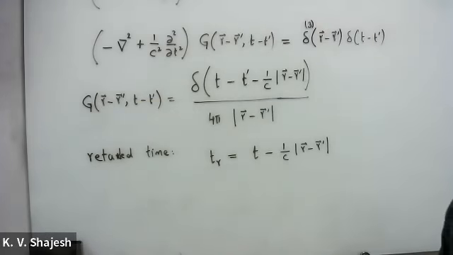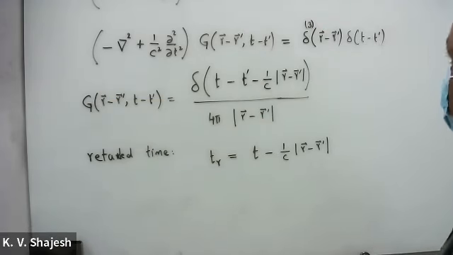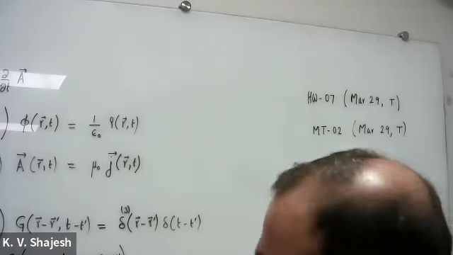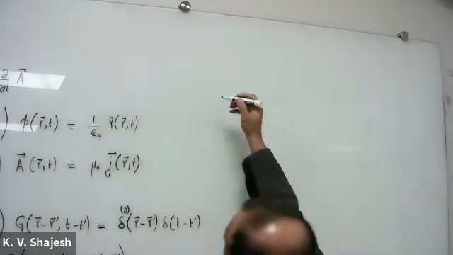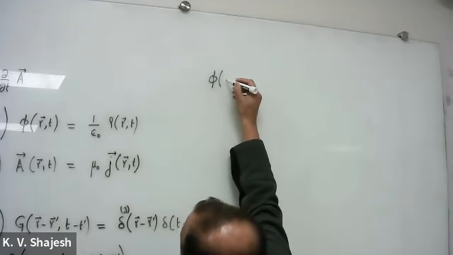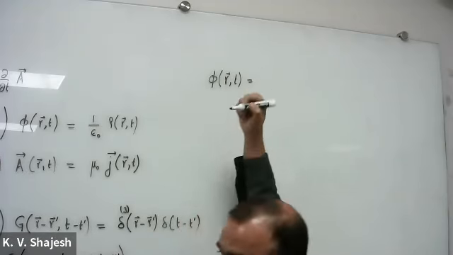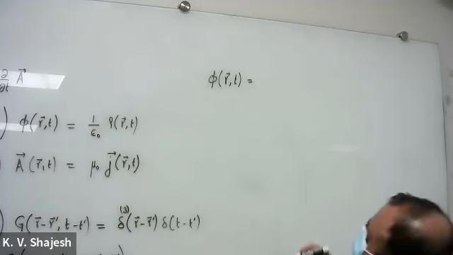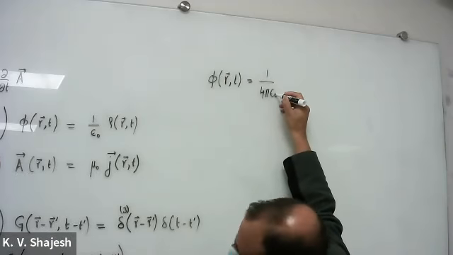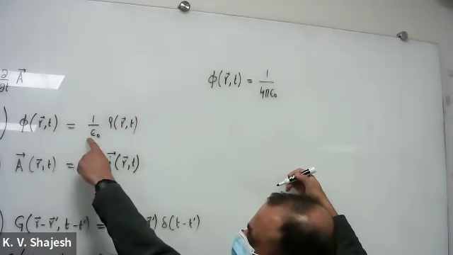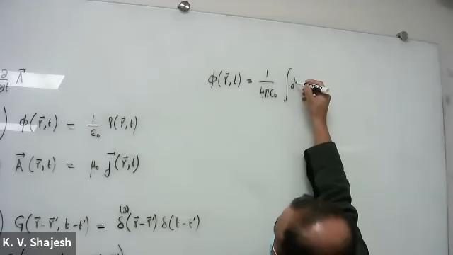Right? So our solution would be phi at r comma t, that's the observation point, equal to 1 over 4 pi epsilon naught, that's coming from the 4 pi here and epsilon naught there, and the integral d cubed r prime.